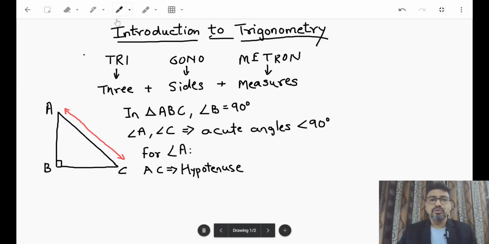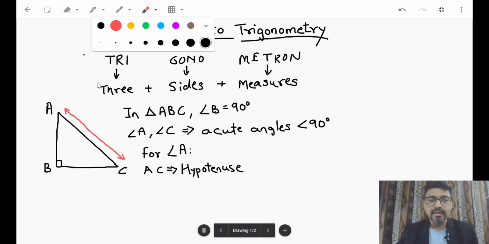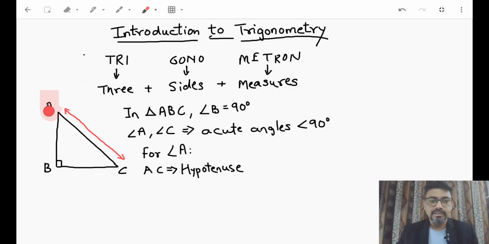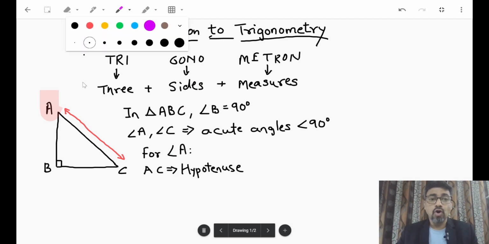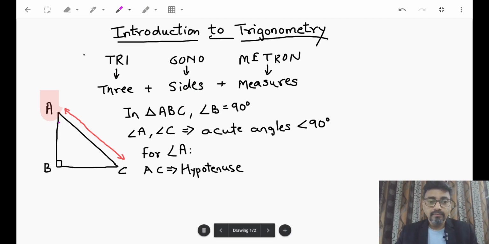Now, for the other two sides, please pay attention carefully. We are considering which angle? We are considering angle A. So, let us mark angle A for our understanding. Now, for angle A, which is the side which is opposite to angle A? So, this is our angle A, and I want to see a side opposite to angle A in the triangle ABC.